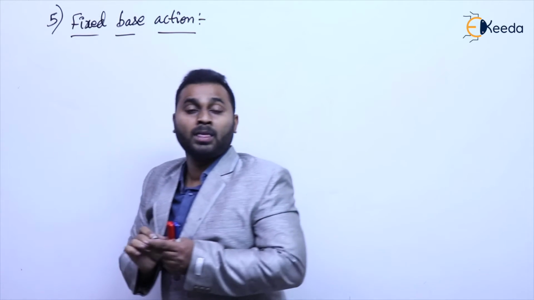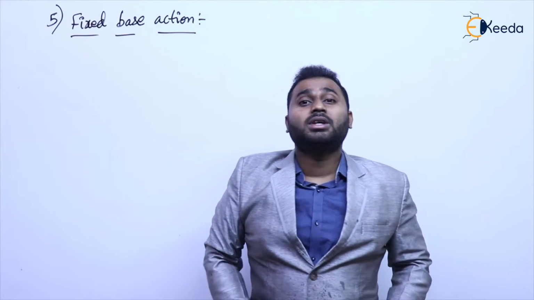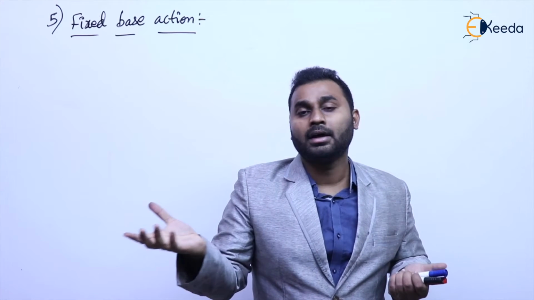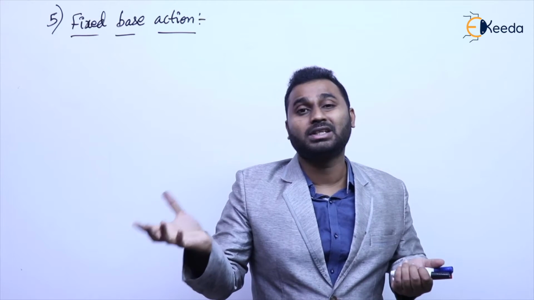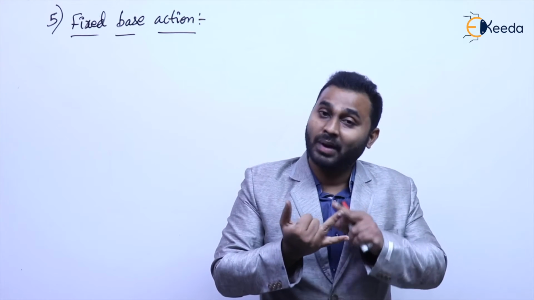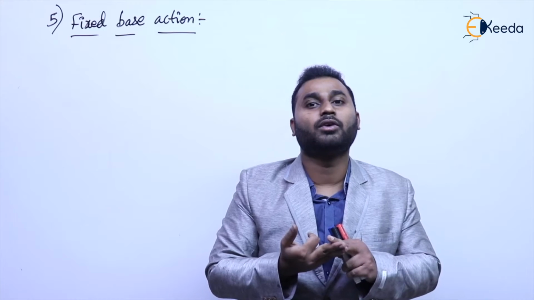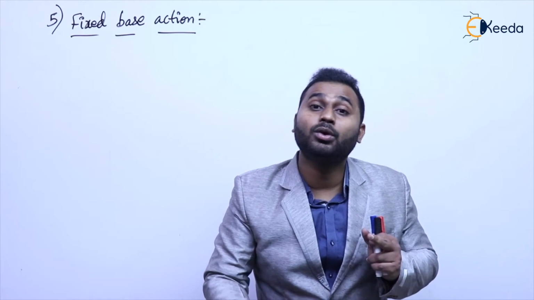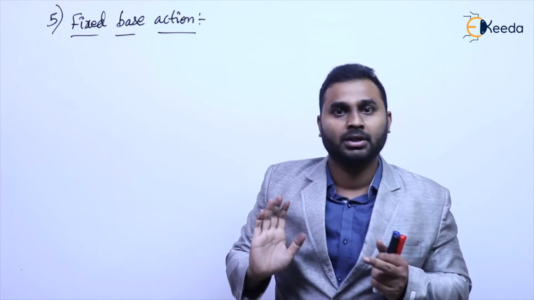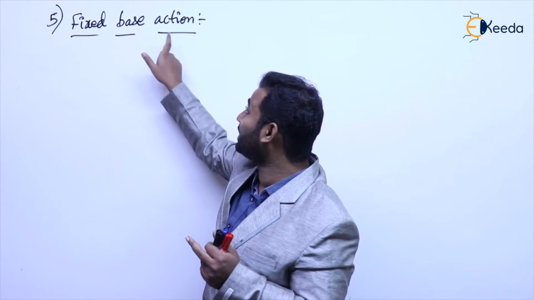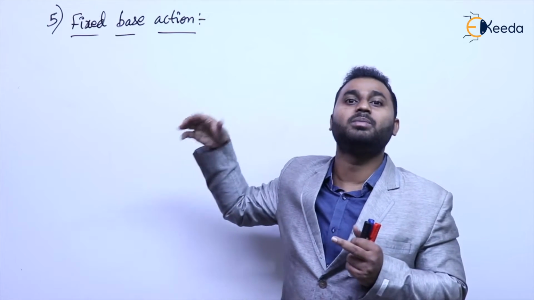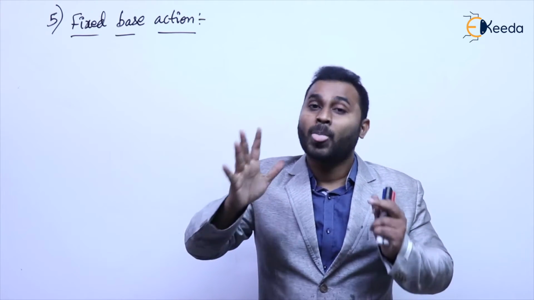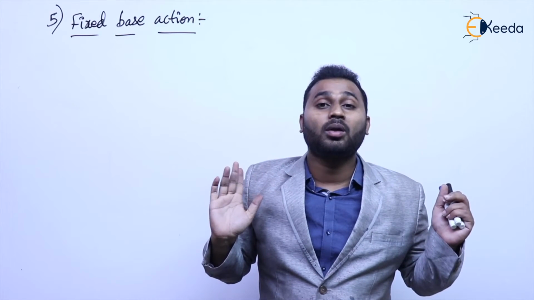It means when columns are fixed to the base, like in the case of raft, piles and grillage foundation, there will be some moment present at the base of the column, even though the top of the column may be hinged. Because of fixity at the base of the column, that is fixed base action, there exists moment onto the column. Now all these are the reasons for the moment onto the column along with axial force.